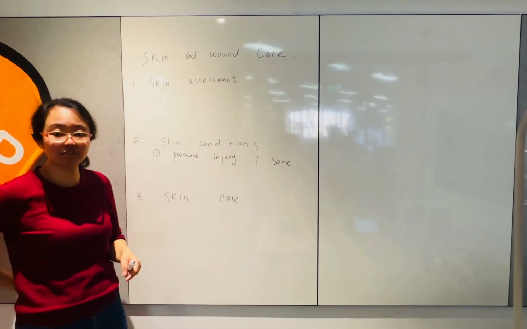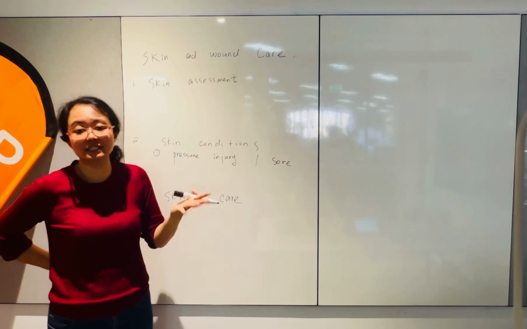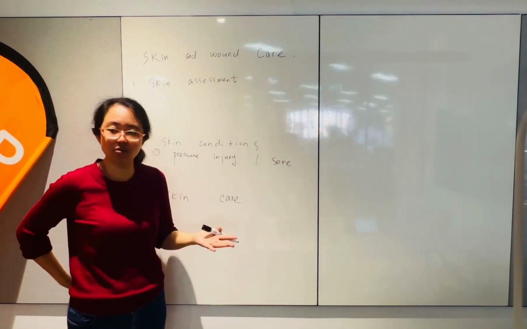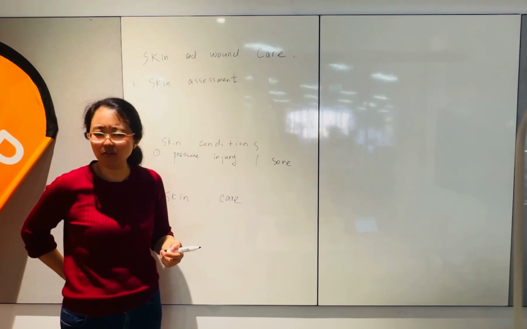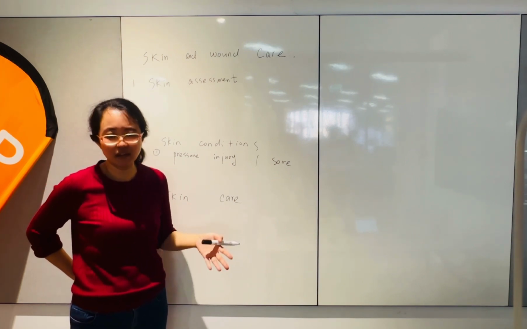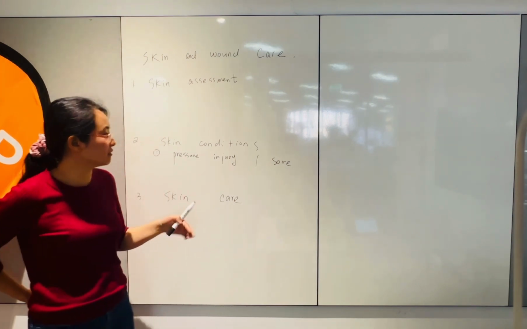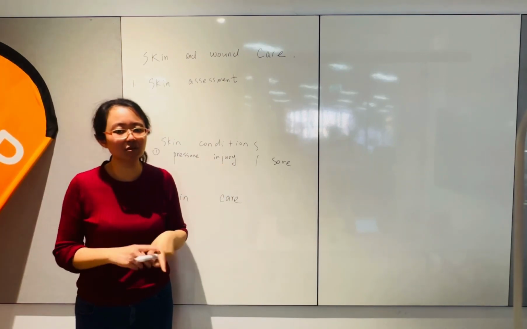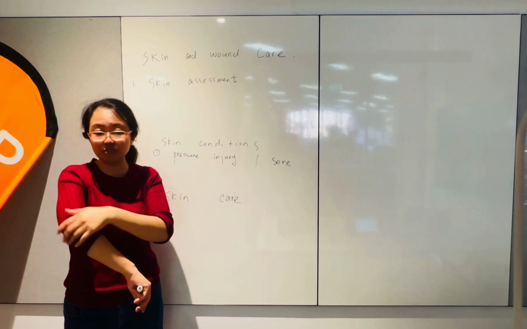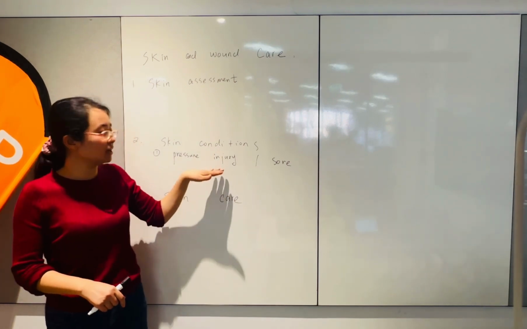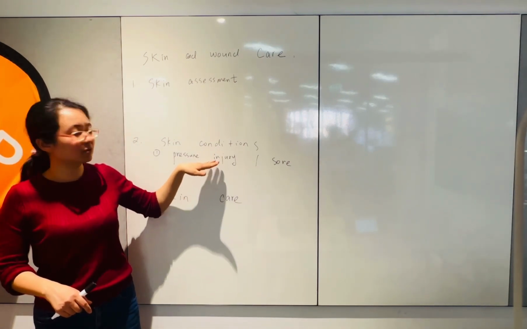That area is called the coccyx sacrum area, located above your bottom at the lower back. Because these areas are quite bony, with more bone and less flesh, it is very easy to get pressure injury.